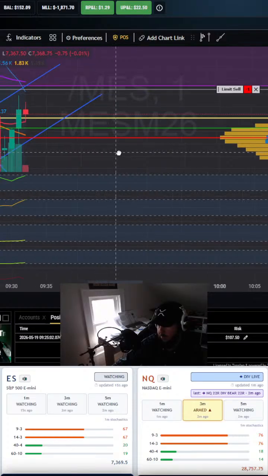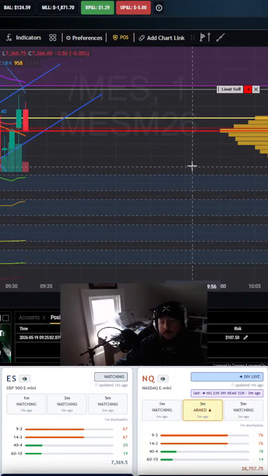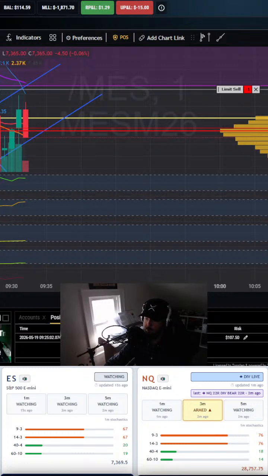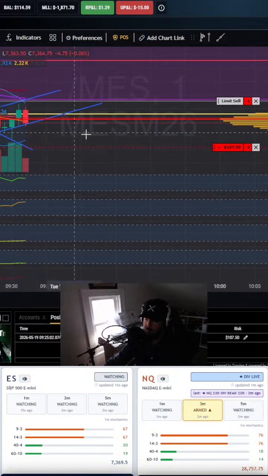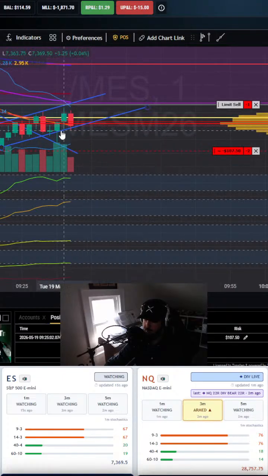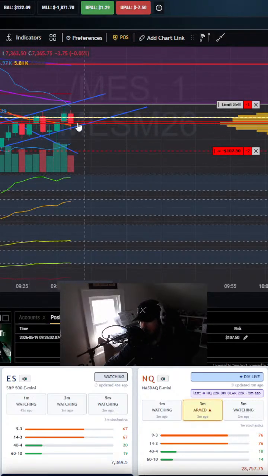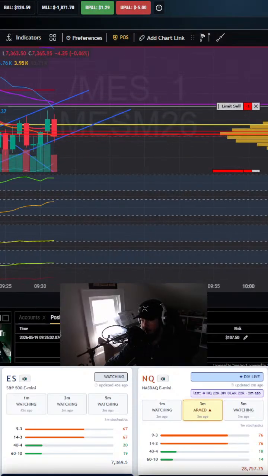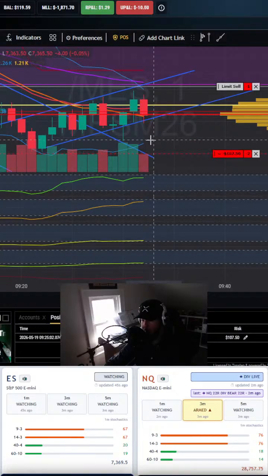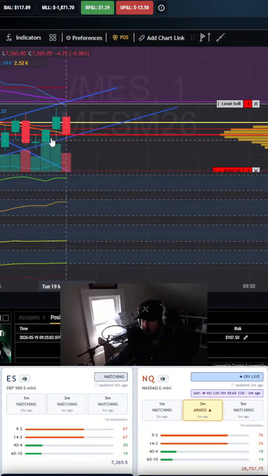So if it bounces up just a little bit, just bouncing off this yellow, which was a resistance point for us. So far we haven't closed under this trend line, so that's a positive. If it closes under that trend line, then I'll be a little bit more worried. Right now we're within a good range.